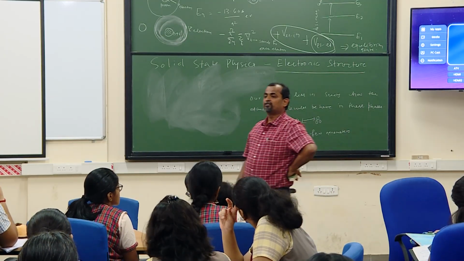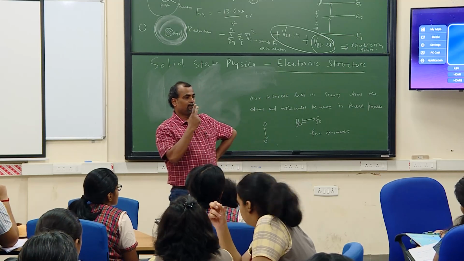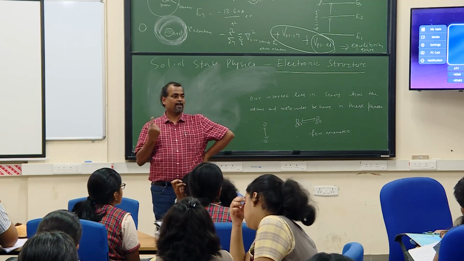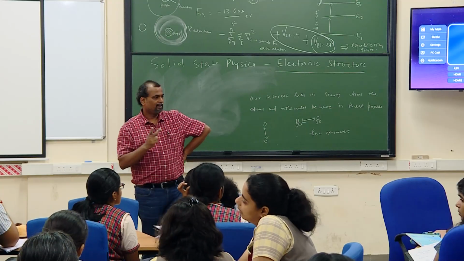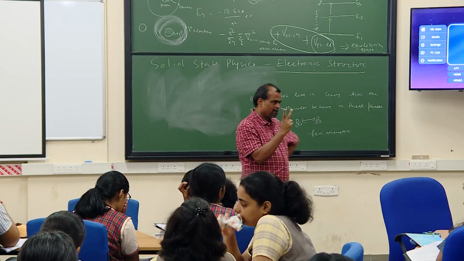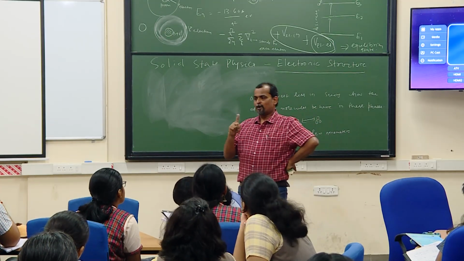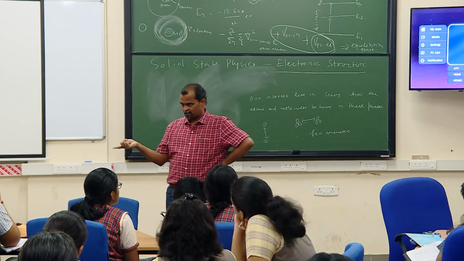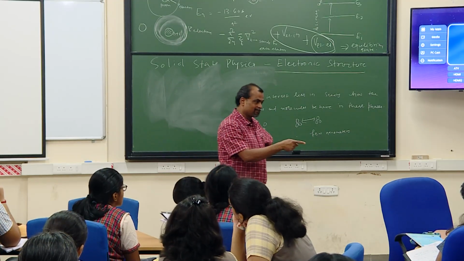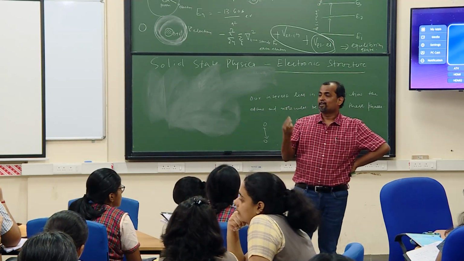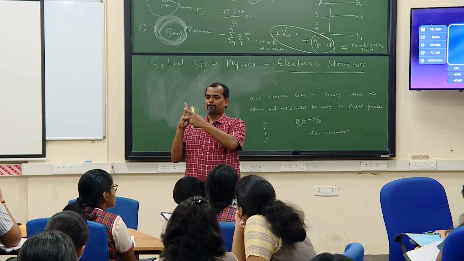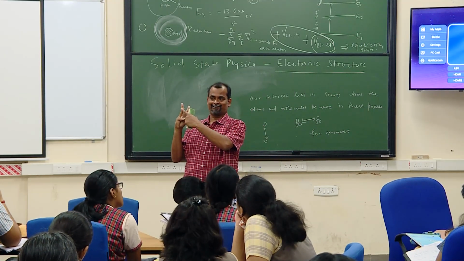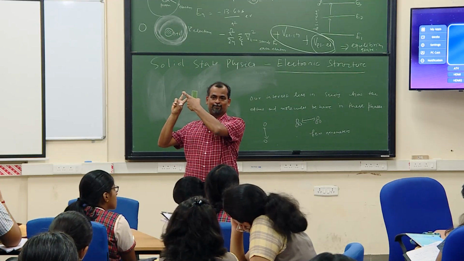The best analogy is like this. If one friend is there and any incident happens, the credit or the blame goes to that person. If two of them are there, either one has done the right thing or the other has done the right thing, or one has done the wrong thing or the other has done the wrong thing. Now if three friends are there, imagine, this friend can say that I didn't make the mistake, these two have made the mistake.